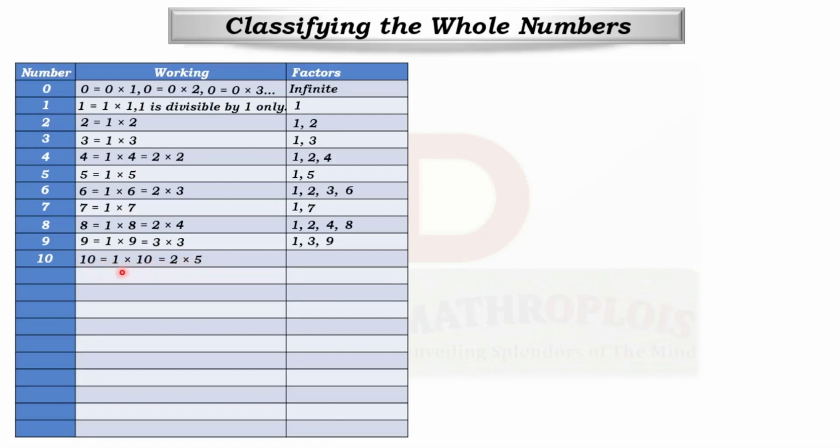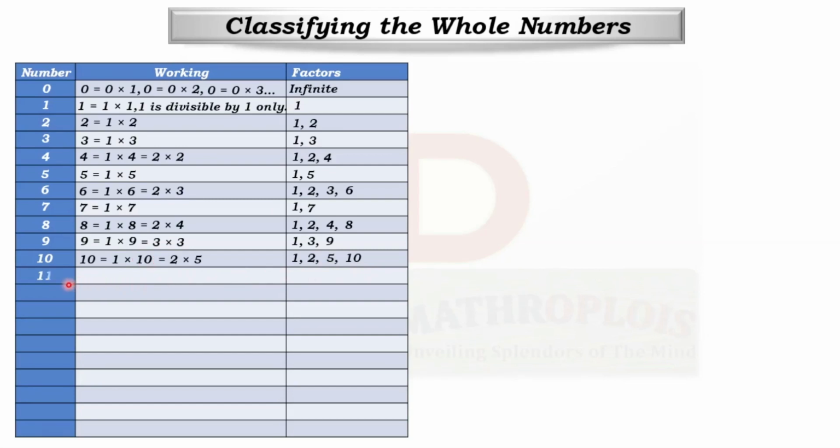In this case, first factor is 1, second factor is 2, third factor is 5, fourth factor is 10 itself. Means 10 has more than 2 factors, and these are 1, 2, 5 and 10 itself.